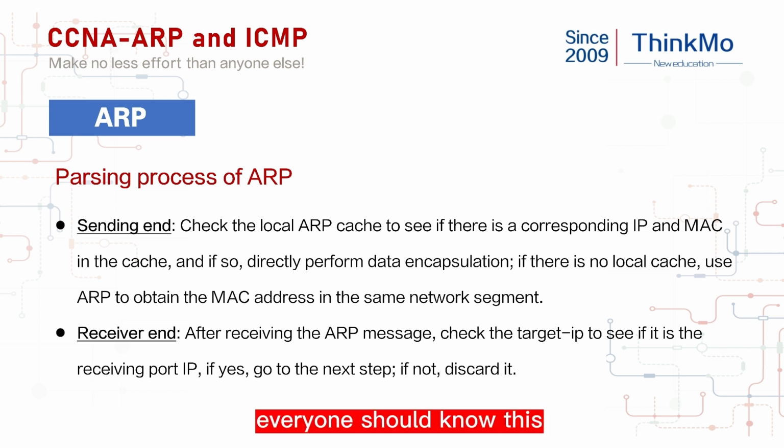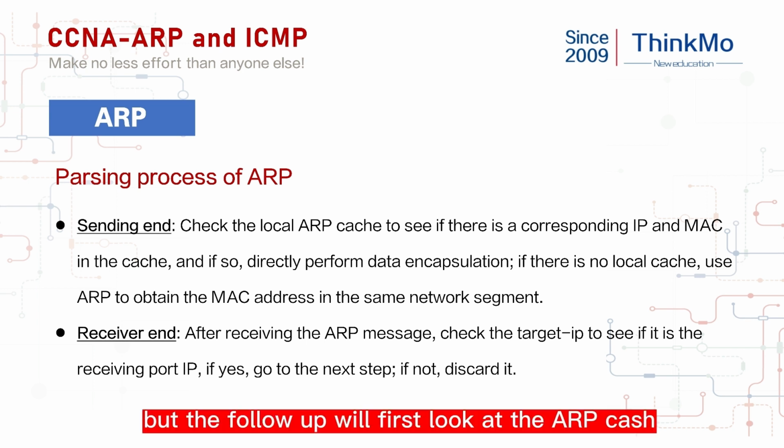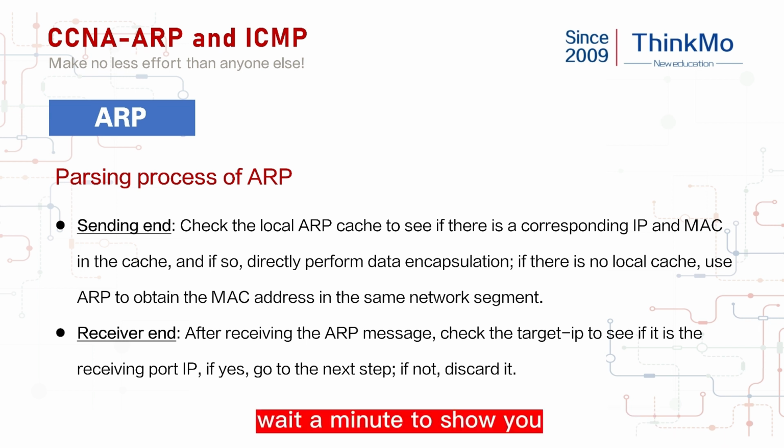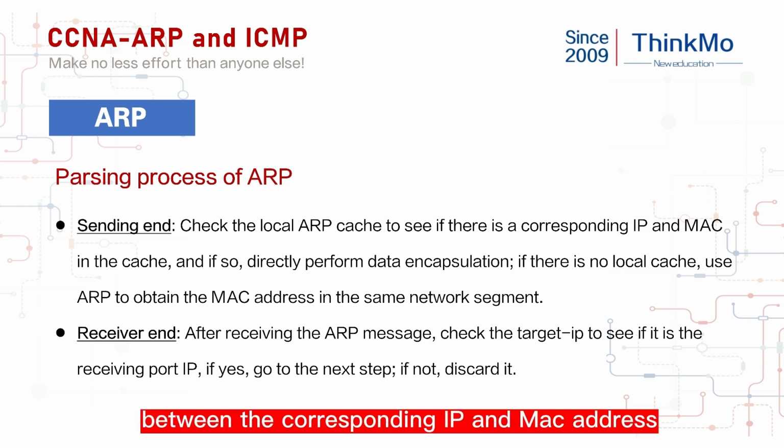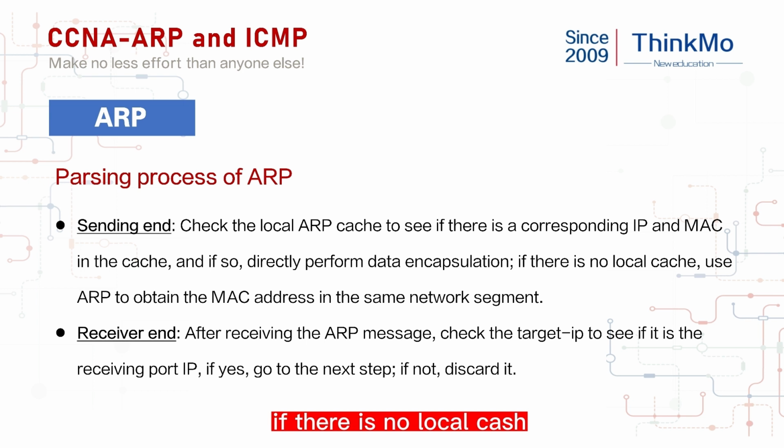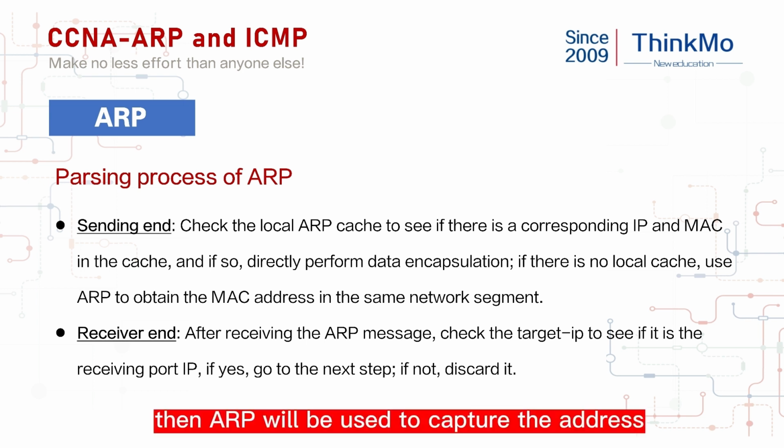Everyone should know this. Certainly, ARP must be sent the first time. But the follow-up will first look at the ARP cache. In the current cache, if there is a corresponding relationship between the corresponding IP and MAC address, now you can directly encapsulate the data. If there is no local cache, then ARP will be used to capture the address.